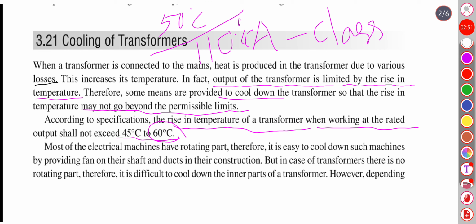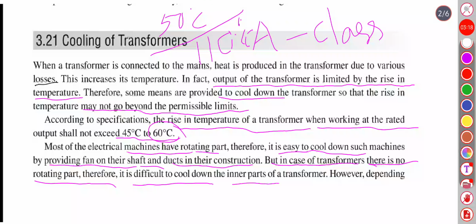So most of the electrical machines have rotating part, therefore it is easy to cool down such machines by providing fan on their shaft and ducts in their construction. But in case of transformer, there is no rotating part, therefore it is difficult to cool down the inner parts of the transformer.